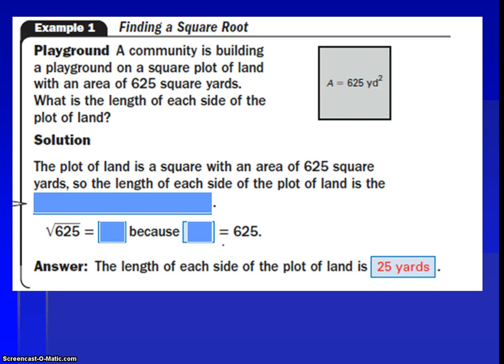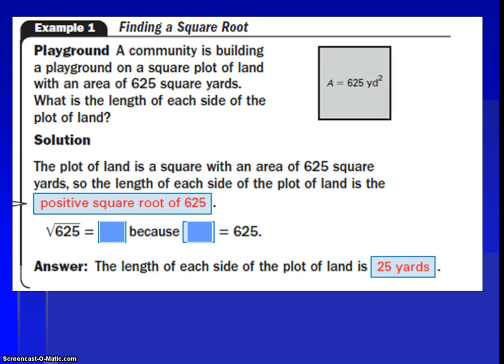In example 1, let's find the square root. A community is building a playground on a square lot of land with an area of 625 square yards. What is the length of each side of the plot of land? Because it's a square, we know that each side of the land is the same amount.